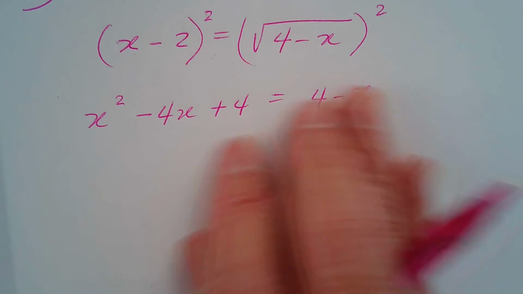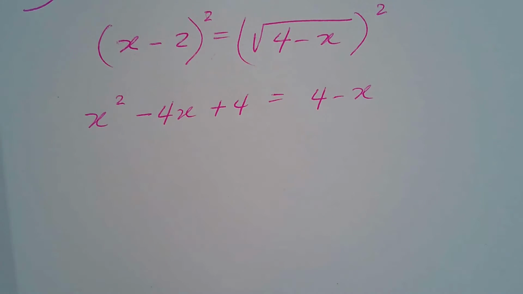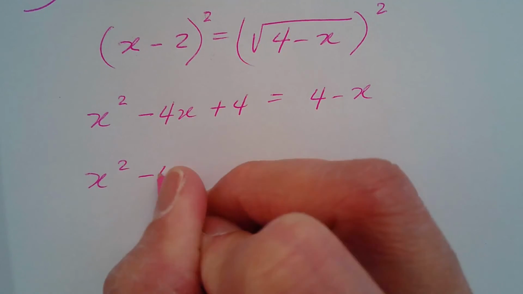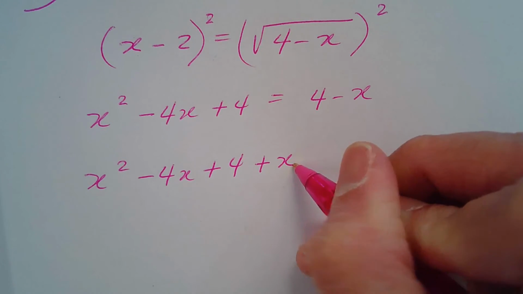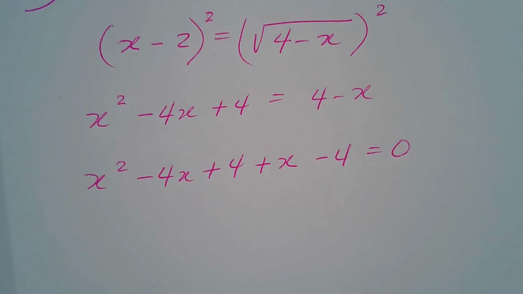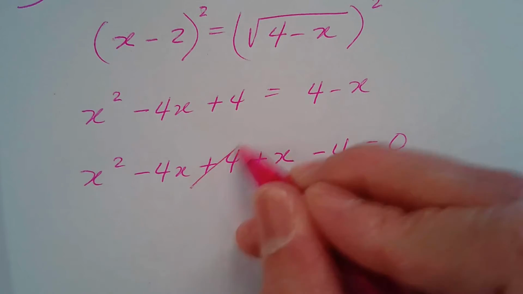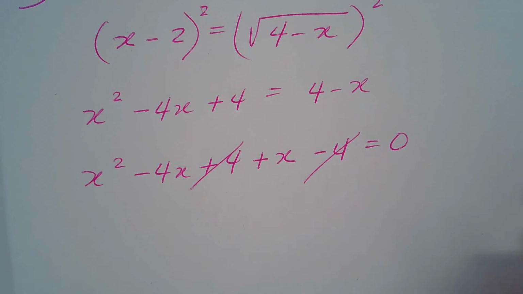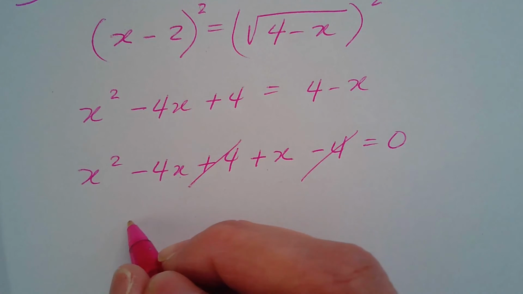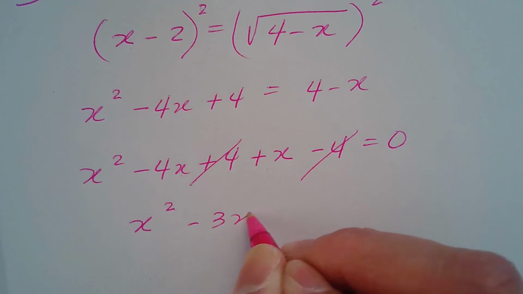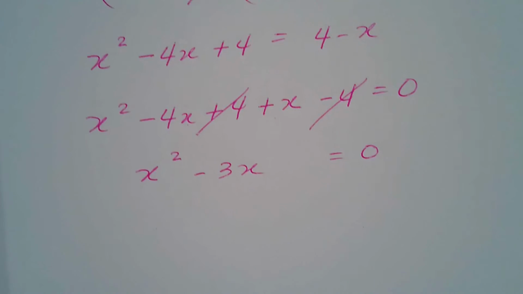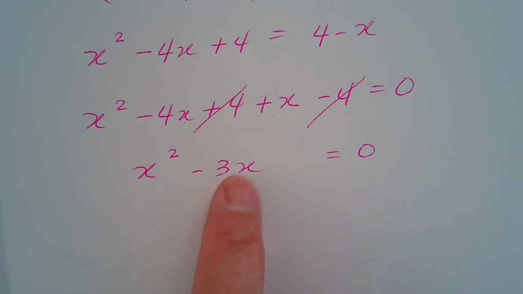Bring everything to one side and set it equal to 0. Okay, so this looks like it's cancelled. This looks like x squared minus 3x equals 0. Okay. How can we solve this one?